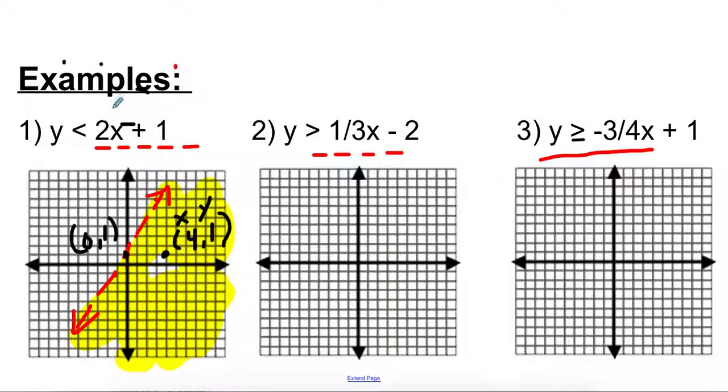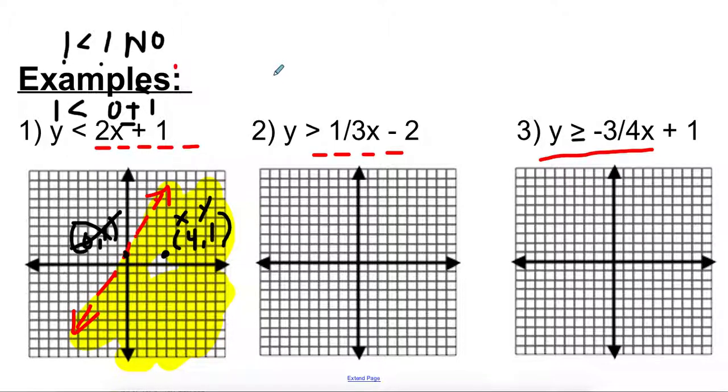So here, if I put 0 in for x, and then I plug 1 in for y, that would mean that 1 is less than 1, and that's not a true statement. So anything on the line couldn't be a solution. That's why we use dashed lines here. Only the points from the shaded region, not including the line.